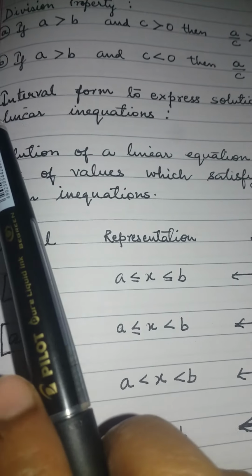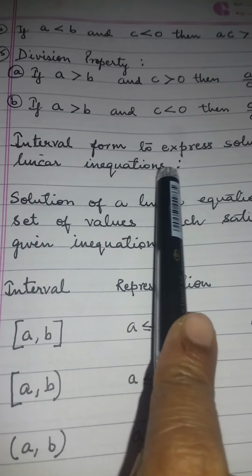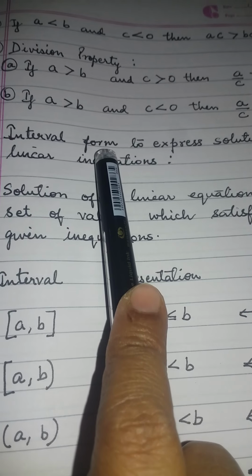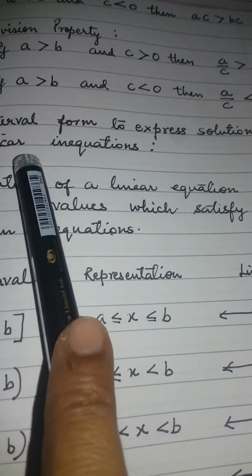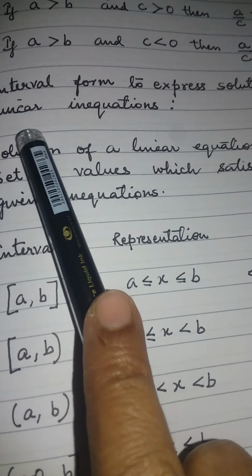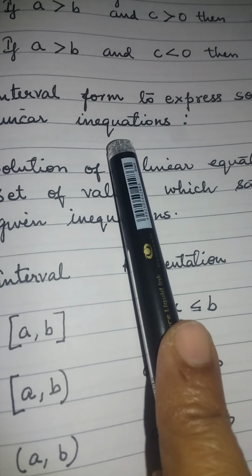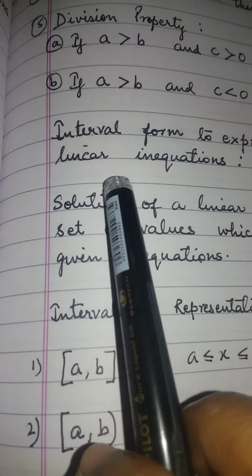Now, the next topic is how to express our solution in interval form. Meaning various interval forms are there to express the solution of a linear inequation. Because remember one thing, in a linear inequation we cannot get the answer as a single number.